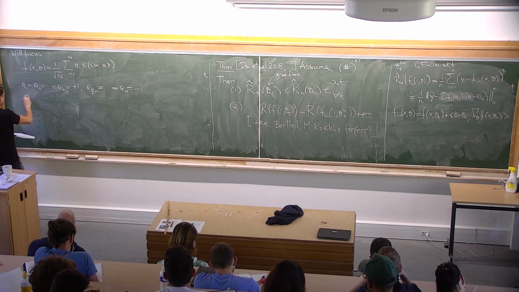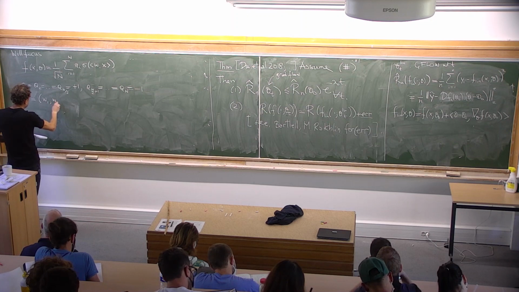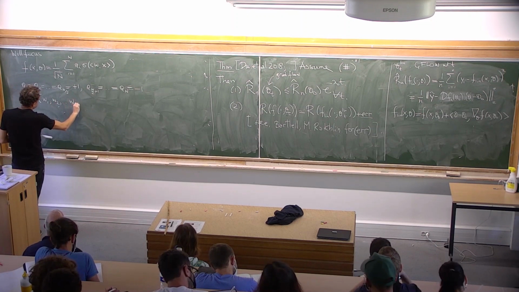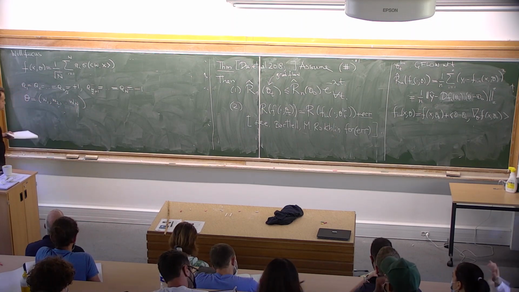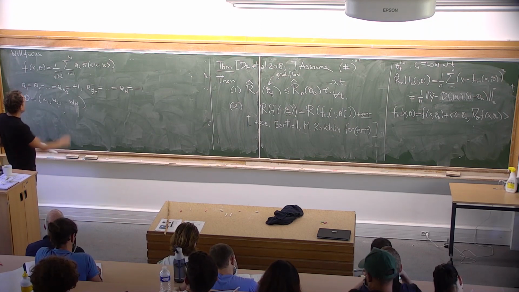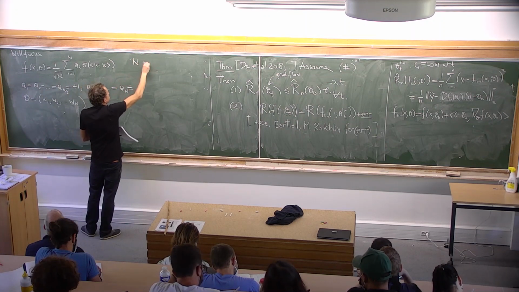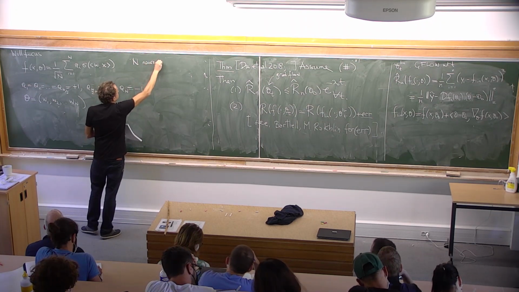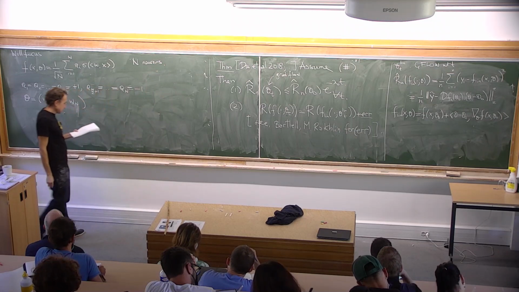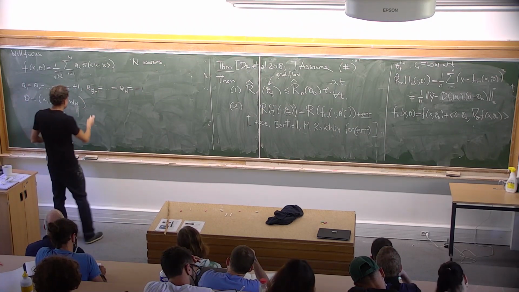So my vector of parameters theta will be just W1, W2, up to W capital N. Okay, so capital N is the number of neurons. And my initialization, so these are learned.